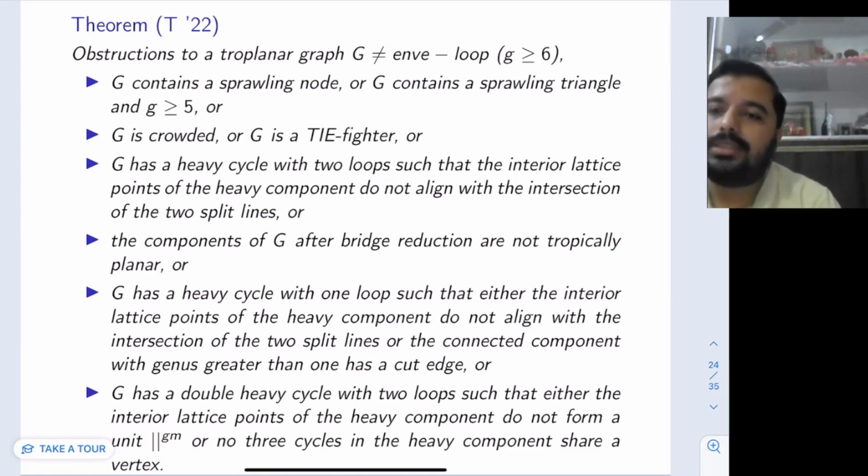There is a result by Ralph Morrison showing that you can get infinite families of graphs which are, for example, sprawling, and likewise for other criteria. So as the genus increases, you cannot furnish a complete classification, since you'll be getting a lot of new criteria.